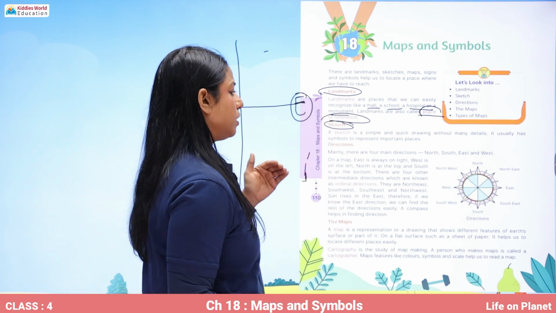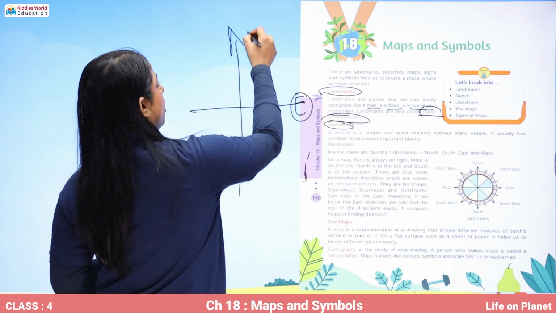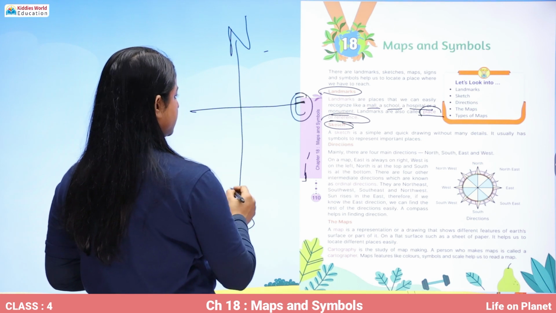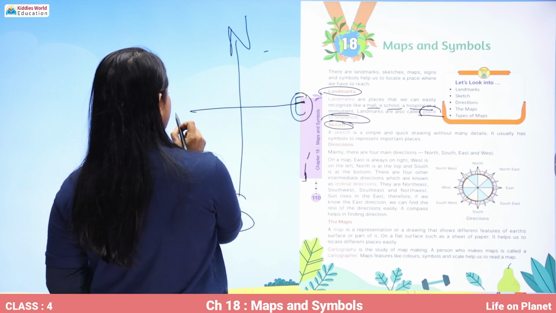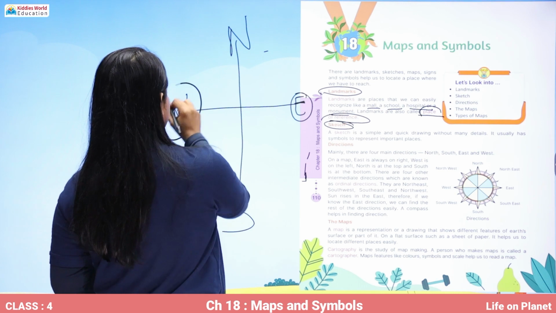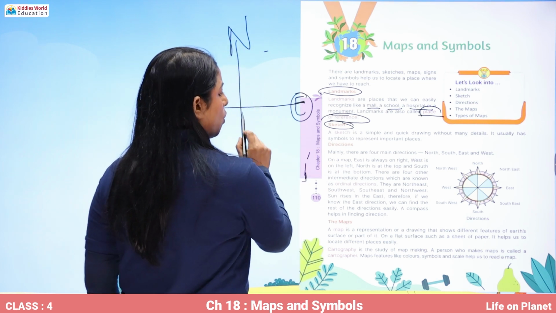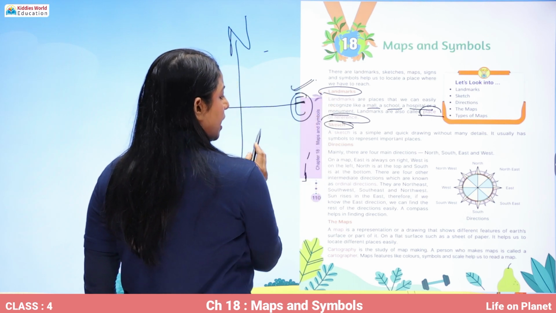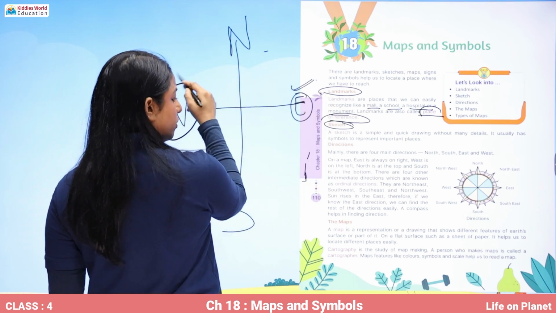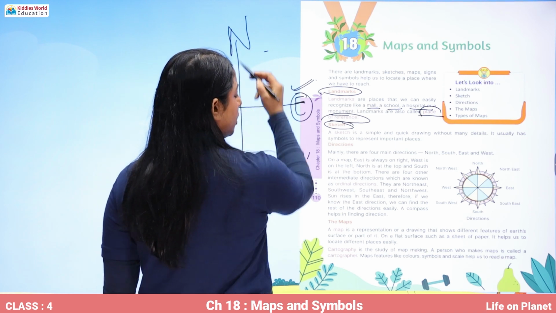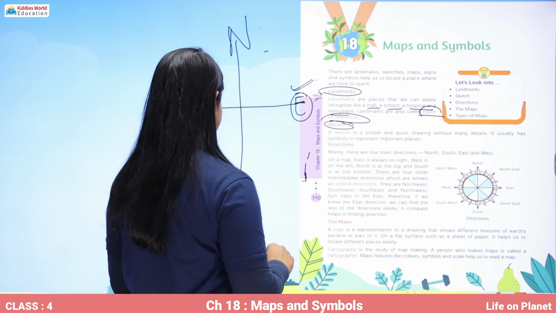Then at the top it is north, at the bottom it is south, and opposite to east it is west. So on a map, east is always on the right, and west is always on the left. North is top, south is bottom.